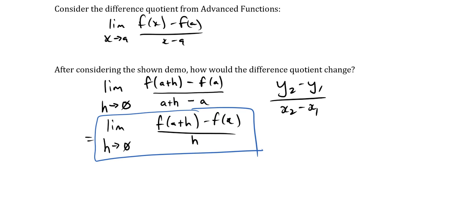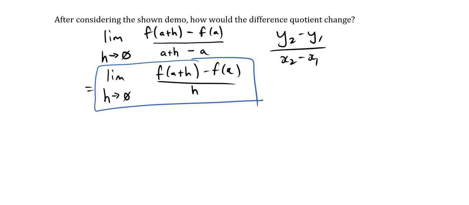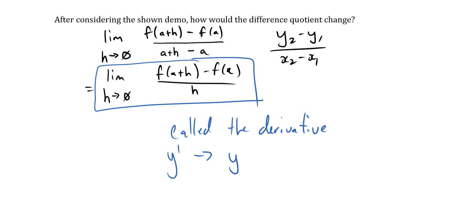It has several different names that we refer to it. So it's called the derivative, as I said. And we note it as a notational thing, y with a tick mark or an apostrophe, and that is called y prime. So we use the word prime.